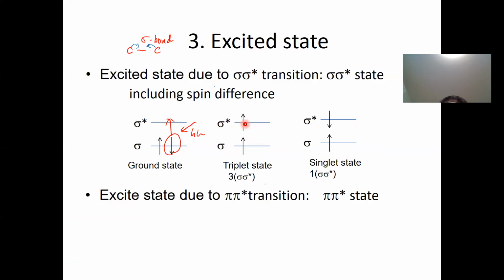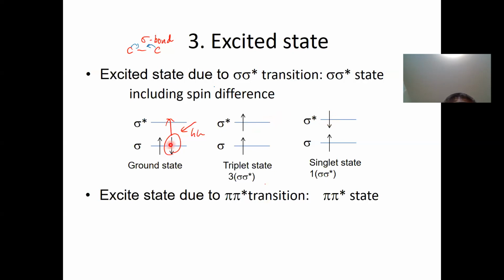You can imagine there are 2 ways of putting the electron in the anti-bonding orbital, because each electron has a spin state, which is up spin and down spin.